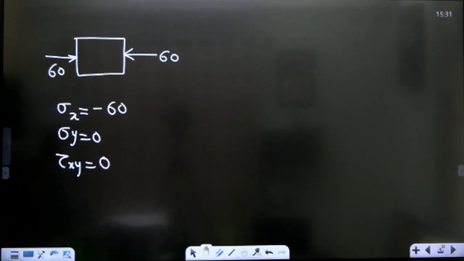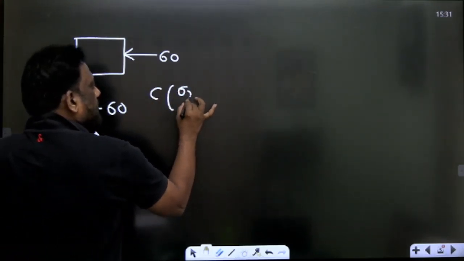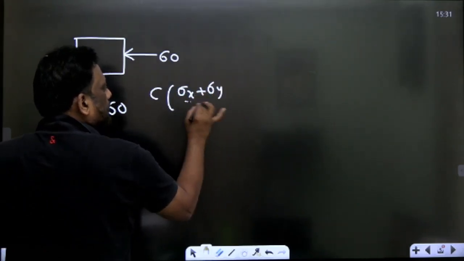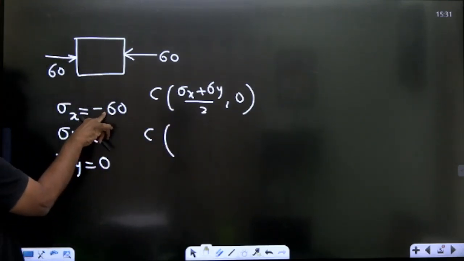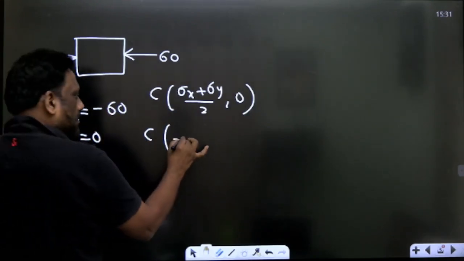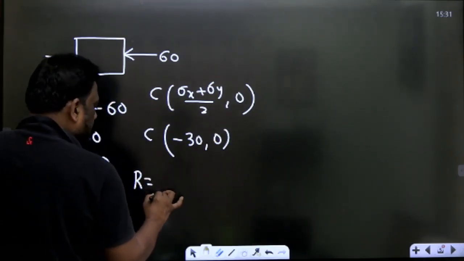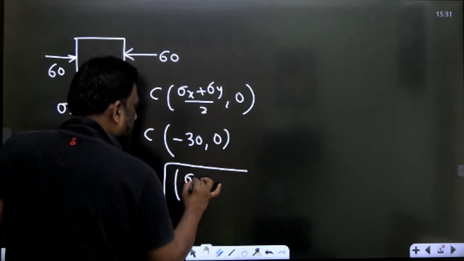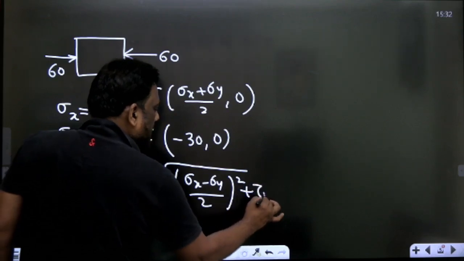Now let us try to draw the Mohr circle. The center of the Mohr circle is (sigma x plus sigma y) by 2, comma 0. Sigma x is minus 60, sigma y is 0, so minus 60 plus 0 is minus 60, by 2 is minus 30, comma 0. The radius of the Mohr circle is the square root of ((sigma x minus sigma y) by 2) whole square plus tau xy whole square.